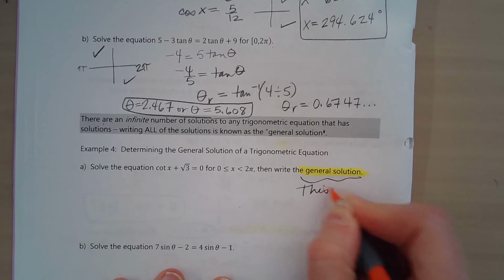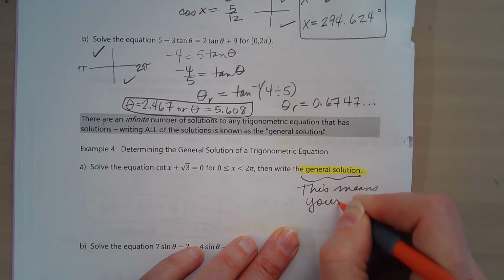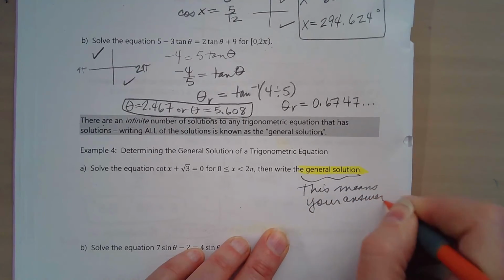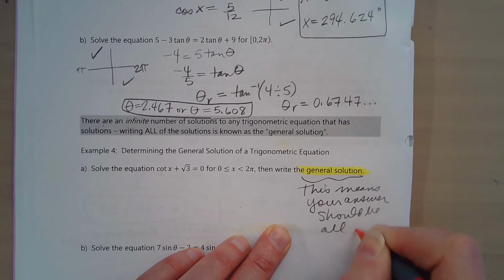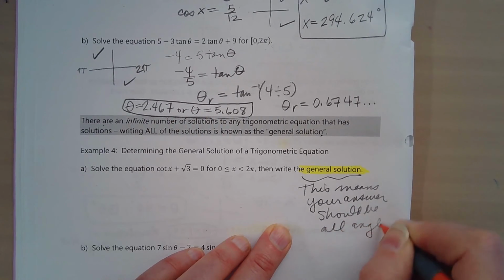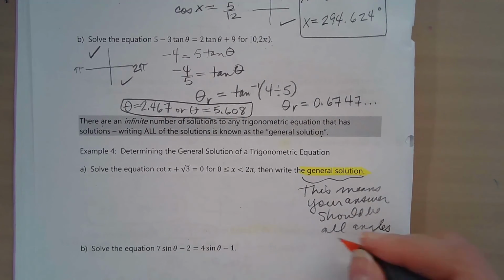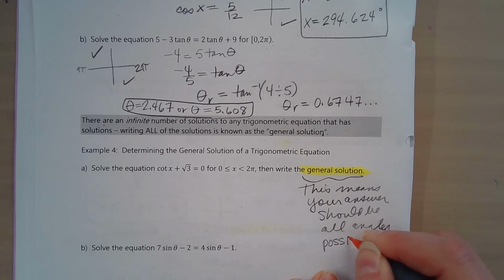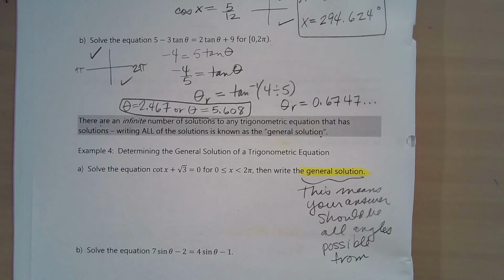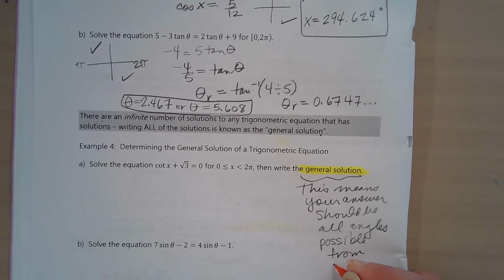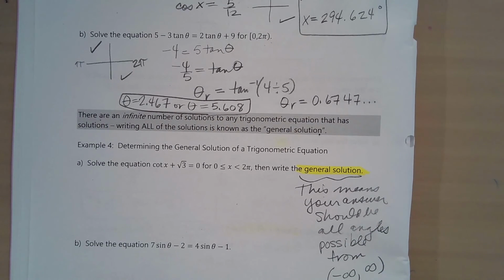This means your answer should be all angles possible from this. Your domain isn't 0 to 360 anymore, or 0 to 2 pi. It's like negative infinity to positive infinity. That's your domain.